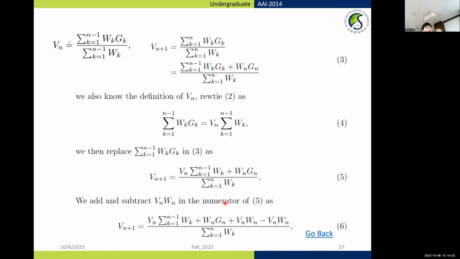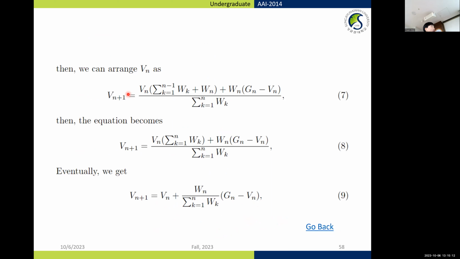Now we just rearrange, putting the Vn Wn first. So we extract the Vn, then put the Wn Gn with the last minus Vn Wn, extracting the Wn. So you will see Vn times this sum plus the last item, Wn times Gn minus Vn. This sum is just exactly the sum of Wk from k to n, right?